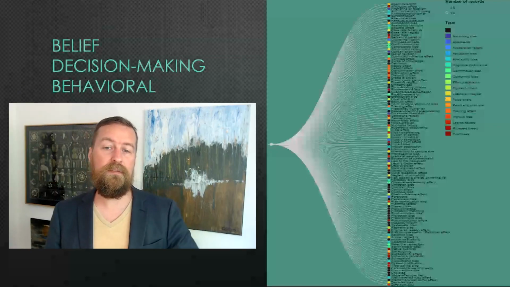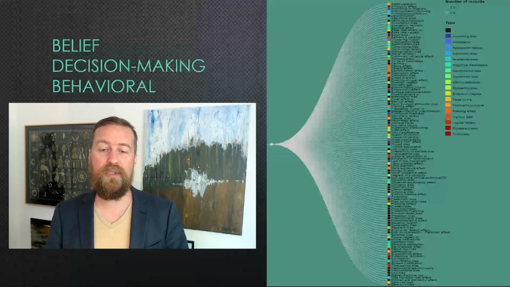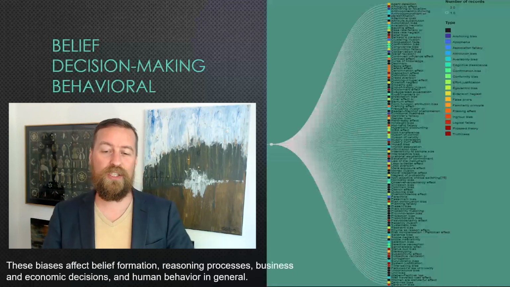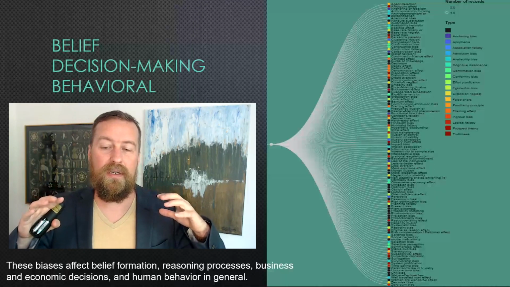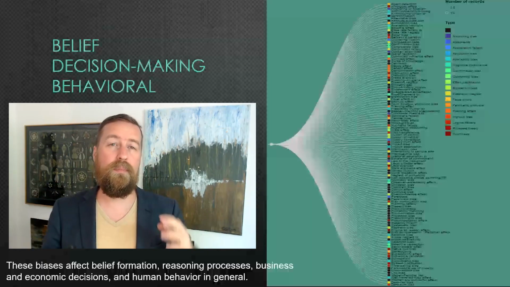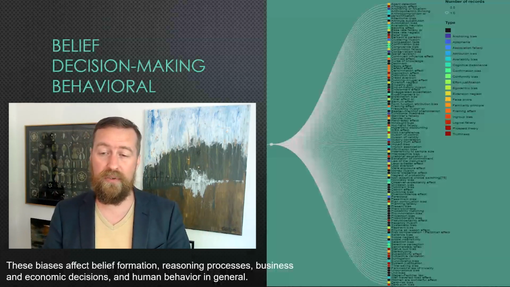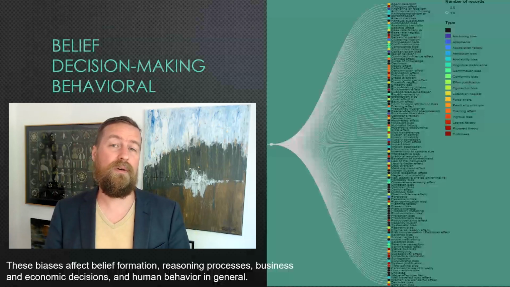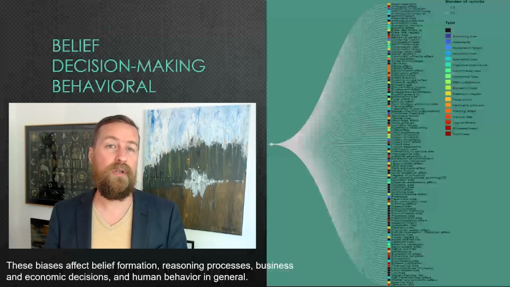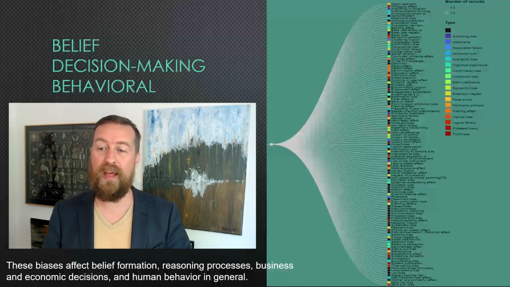The belief, decision-making, and behavioral ones are the ones which are under the reasoning process, the business and economic decisions, and the human behavior in general. It's also what often comes as behavioral economics. Why do people behave in the way that they are doing?